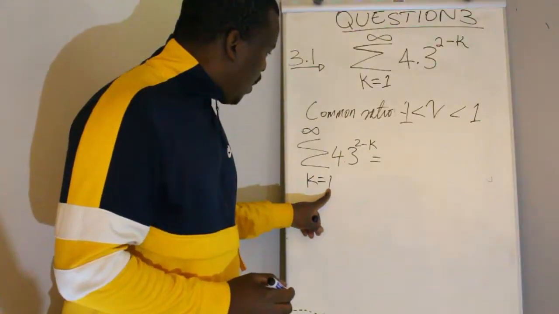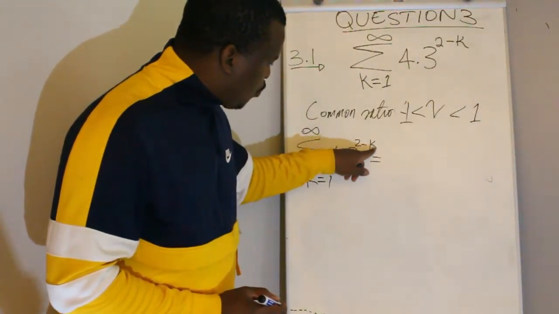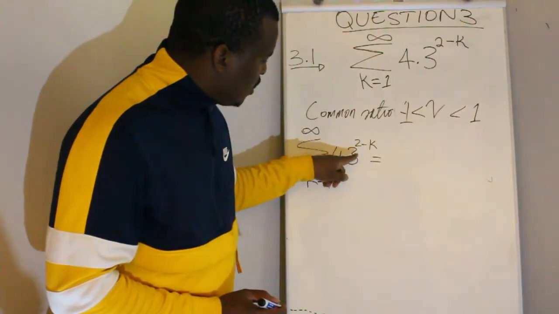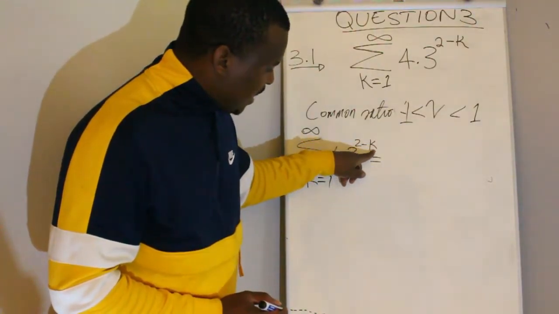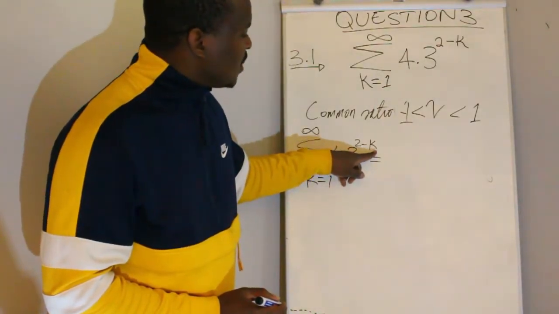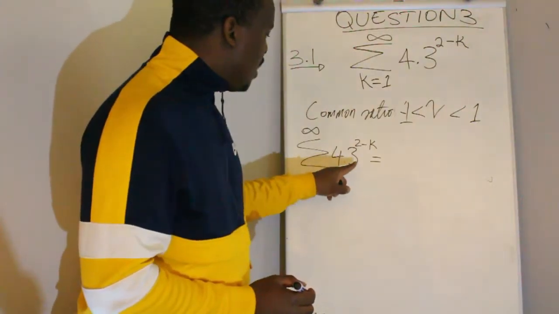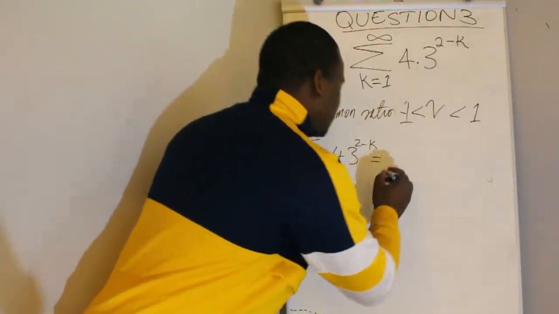For k equal to 1, you sub 1 there. So you have 2 minus 1, and 2 minus 1 is equal to 1. And then now you have 3 times 4, that is 12.